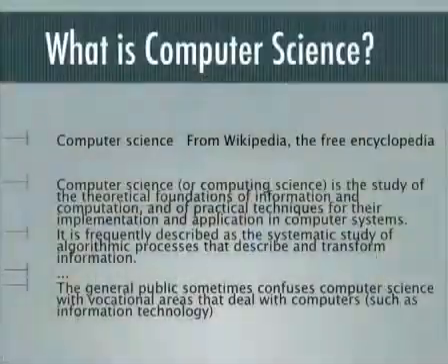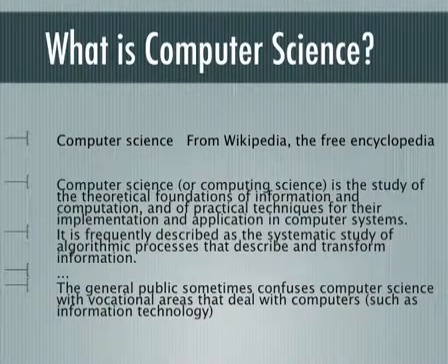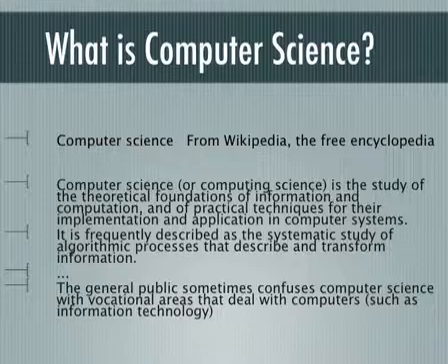So here's the Wikipedia definition, and it really is building on appropriate theoretical foundations of information and computation and being able to translate them into practical techniques to build computer systems. And what Knuth would have done is, in this, perhaps second one, the systematic study of algorithmic processes that describe and transform information.